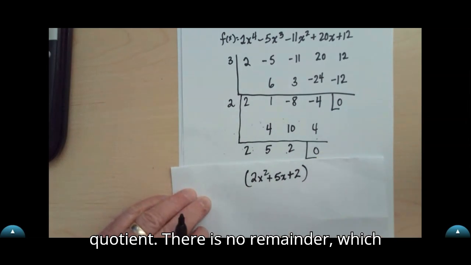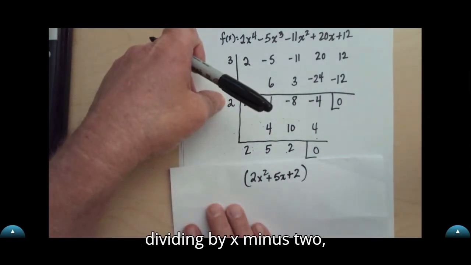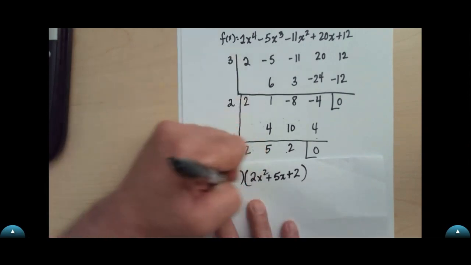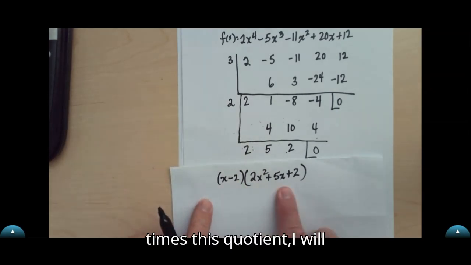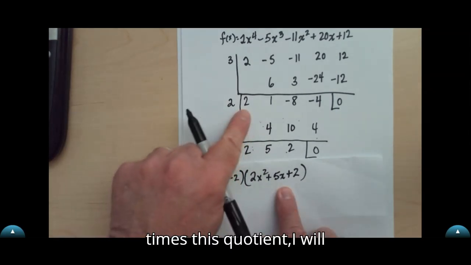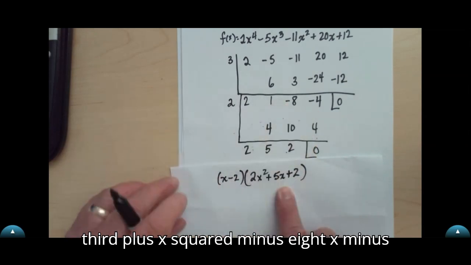There is no remainder, which means that, remember, this means I was dividing by x minus 2. If I multiply x minus 2 times this quotient, I will get this thing that was 2x to the third plus x squared minus 8x minus 4.